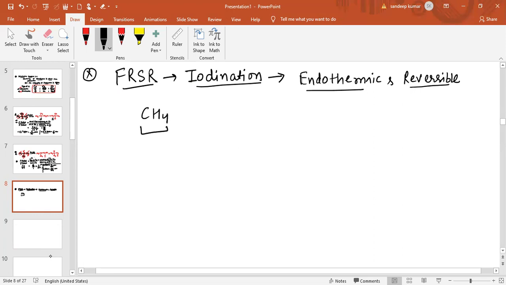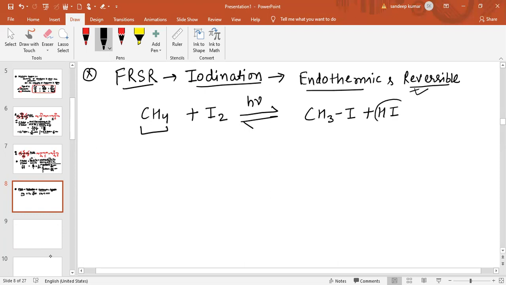This is basically an alkane, and the reaction of an alkane like methane with I2 in presence of sunlight. This sign is for the reversible reaction. Now, one hydrogen will be replaced by iodine and the side product obtained is HI.